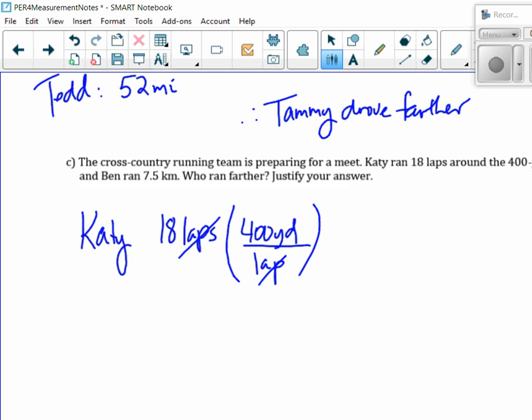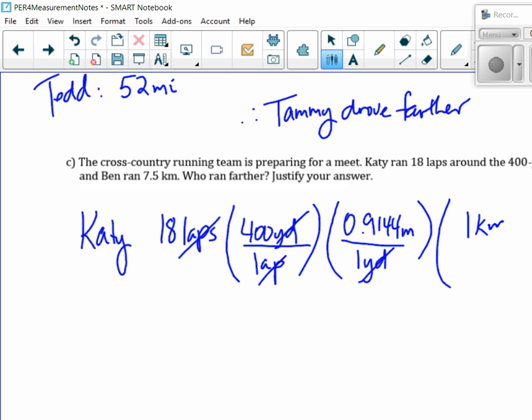I have to convert yards to kilometers. I don't have that conversion. I have meters. So 1 yard is 0.9144 meters. The yards cancel. I'm now in meters. I got to convert it to kilometers. So 1 kilometer is 1,000 meters. The meters cancel. Now I'm in kilometers mode.